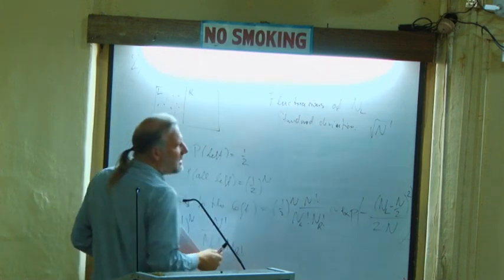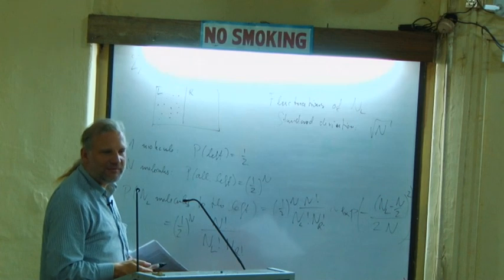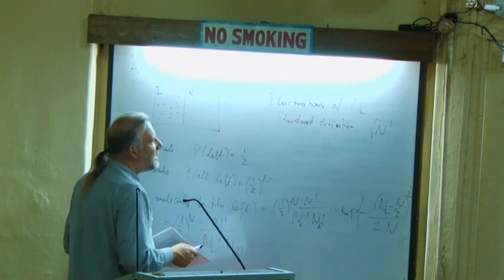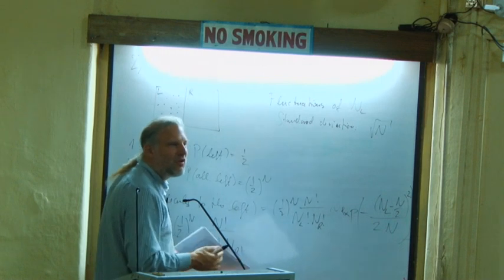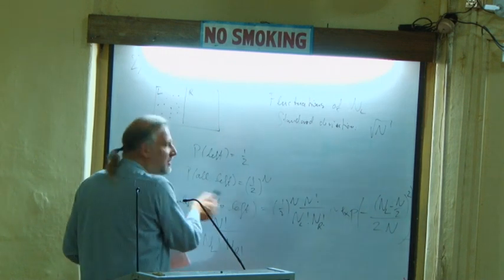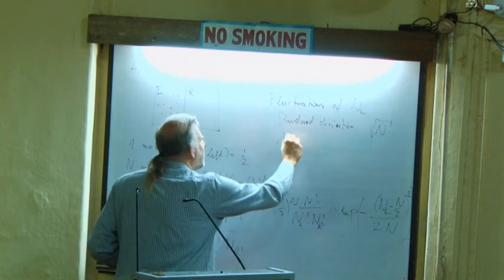So NL is equal to n by 2 up to an incertitude of square root of n. Now what's interesting is if I want to know the fluctuations of the fraction of molecules that is to the left, I form the relative variable NL by n.